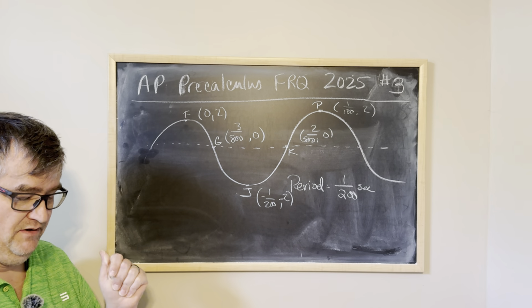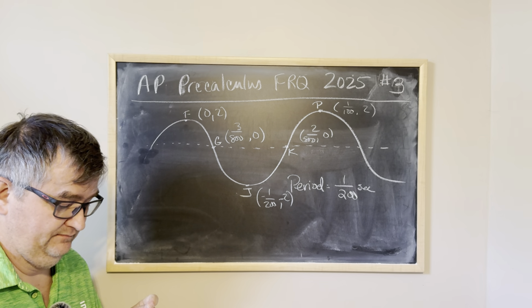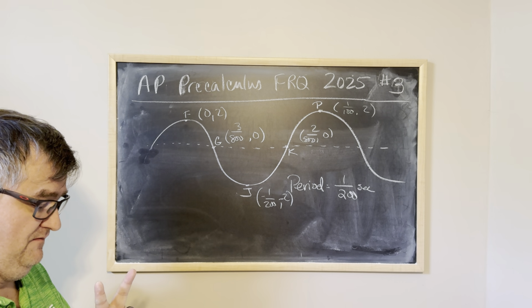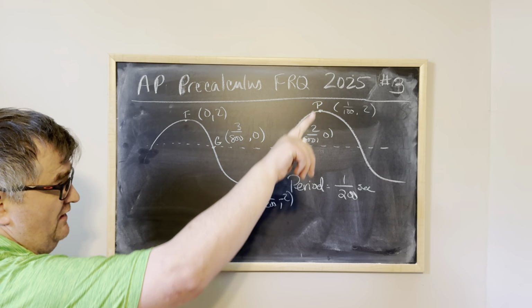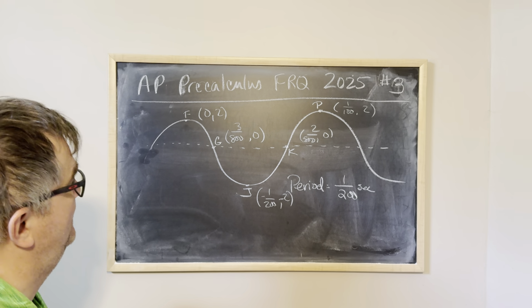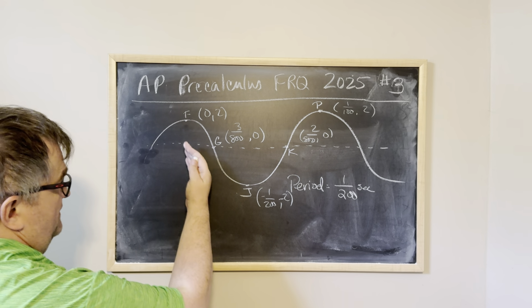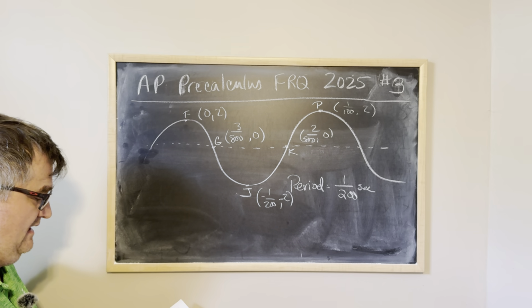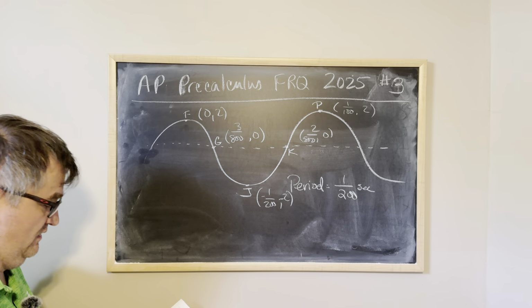And that's because we know the period. And the question says 2 full cycles. So I didn't draw the other part, but it's 2 full cycles. So we know that those are possible coordinates.